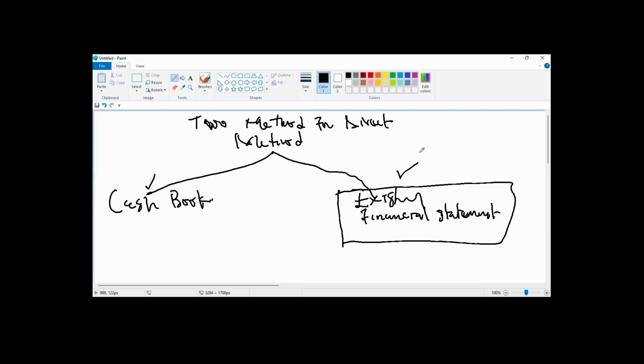This method is very simple to apply. The only problem it has is that you must know the techniques of using the direct method when we want to adjust on the financial statements.